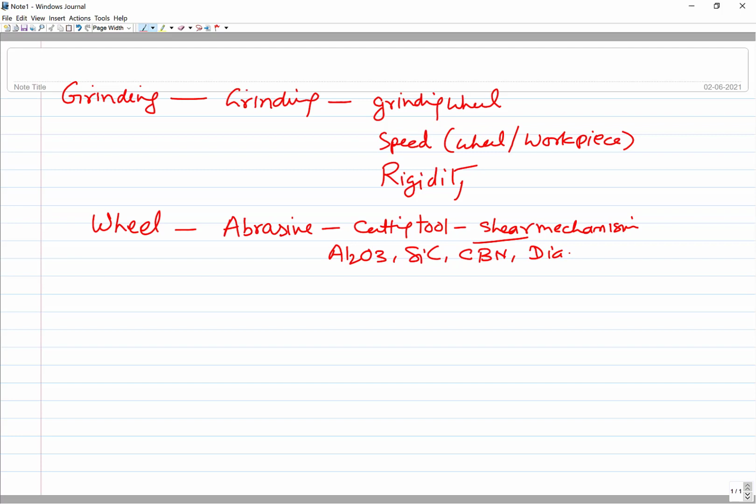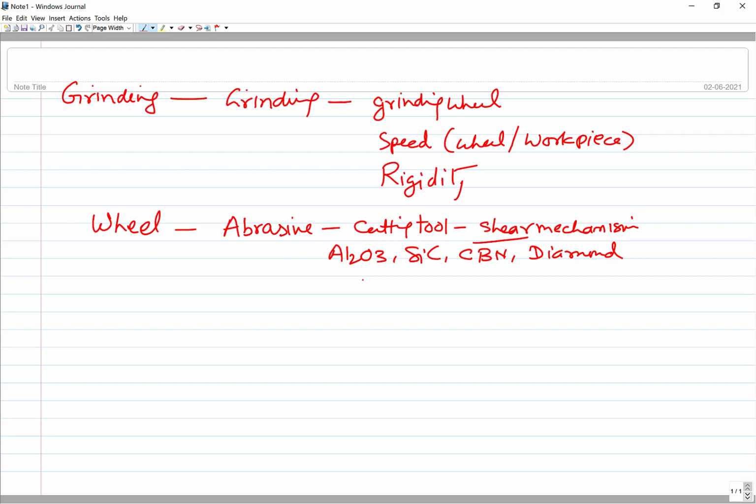These are in increasing order of hardness, and these are not used for cutting all types of material, because during the grinding, these abrasives will be coming in very close contact with the workpiece for removing the material, that too at a high temperature.